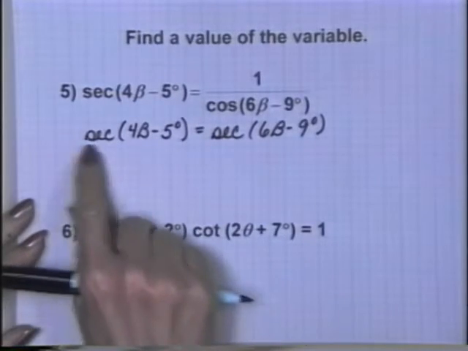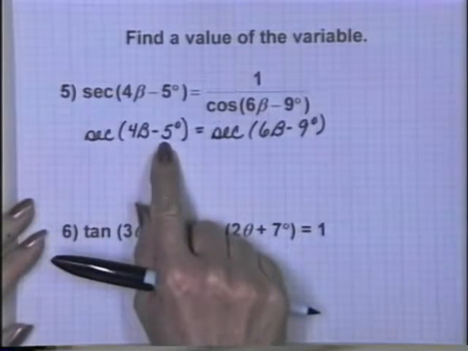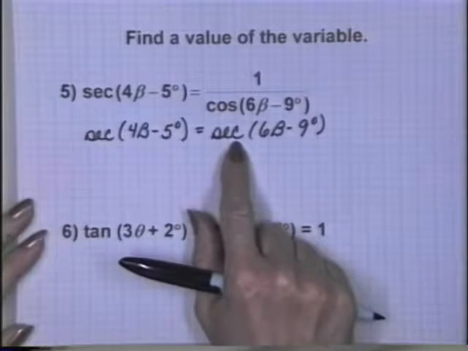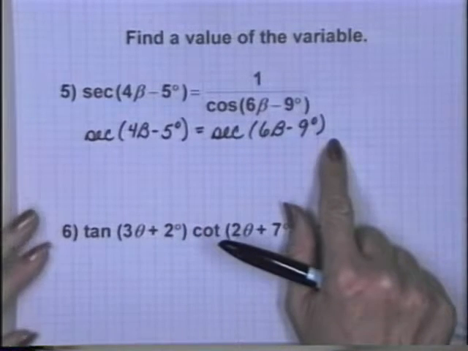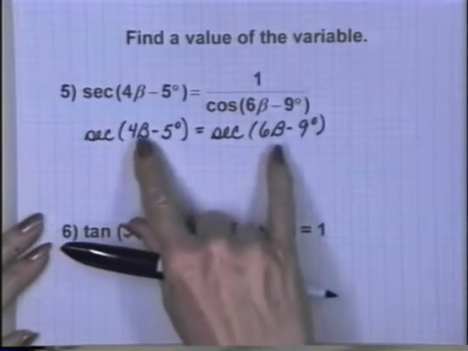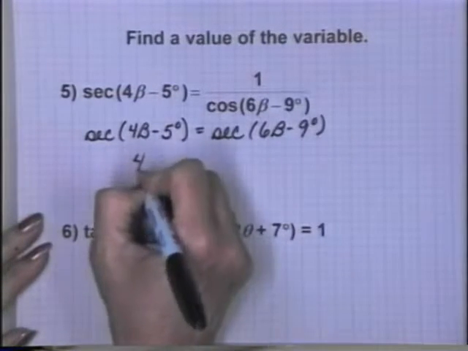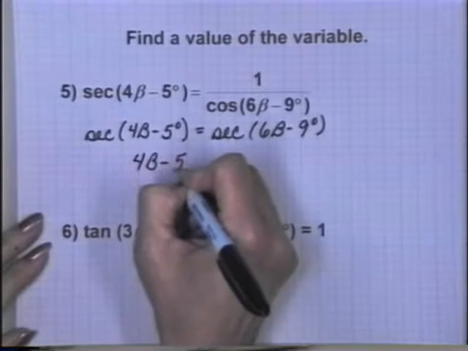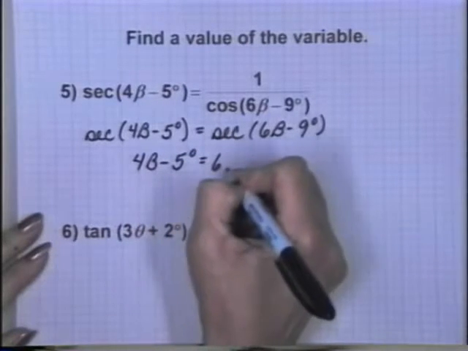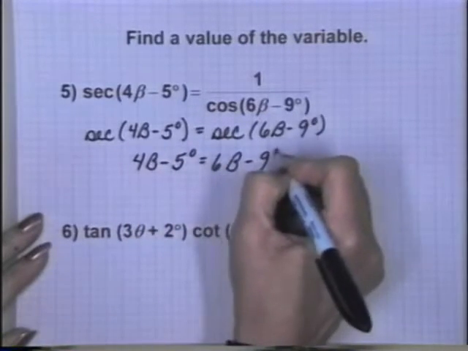And I know if I have the secant of 4 beta minus 5 degrees, that it'll equal the secant of 6 beta minus 9 degrees. Therefore, these two angles can be equal. So 4 beta minus 5 degrees equals 6 beta minus 9 degrees.